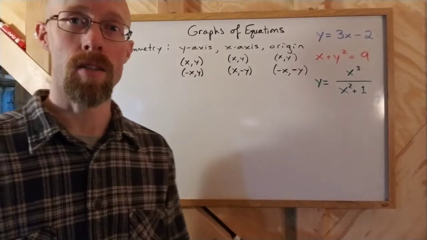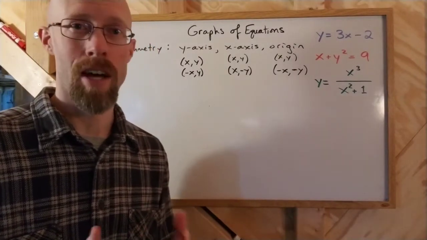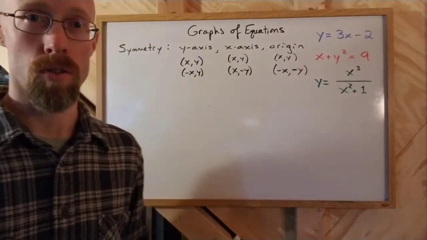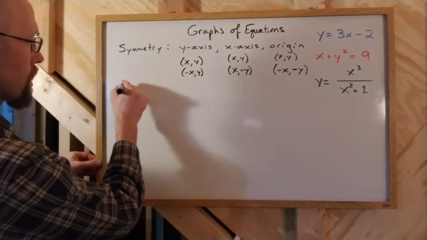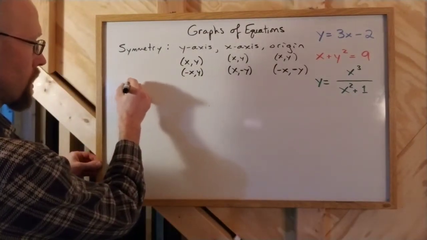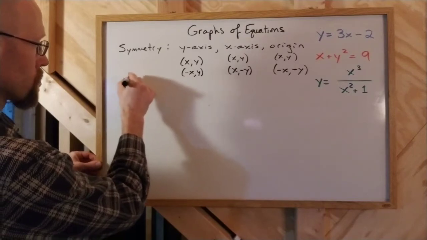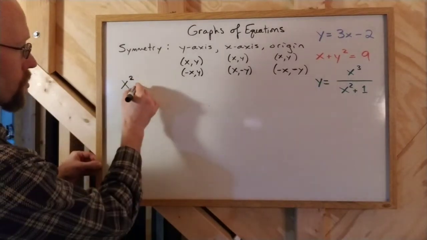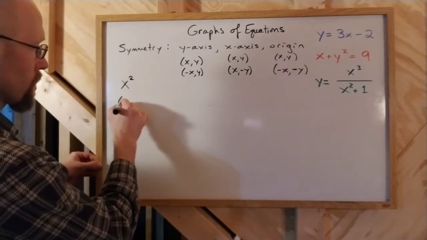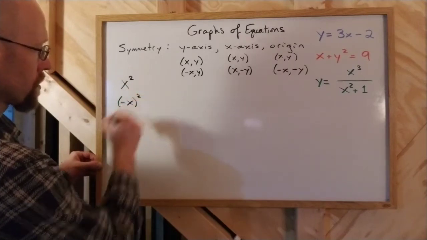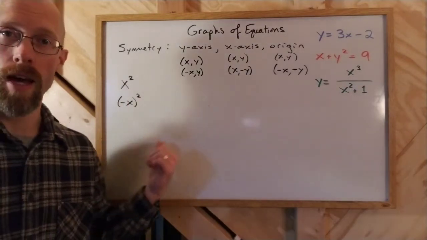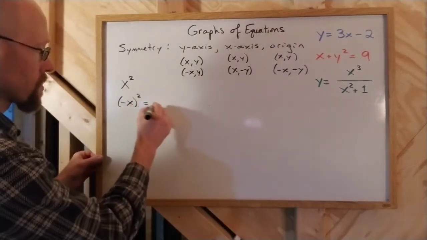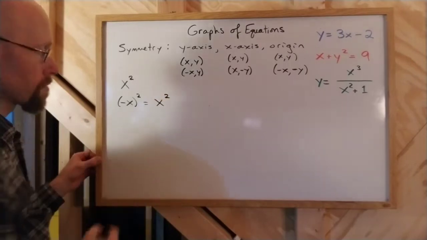But before we do that, there's some preliminary algebra I just want to clarify and make sure you're clear on. First of all, if a variable is squared and you replace it with a negative variable squared, that negative squared is the same as the original variable squared.